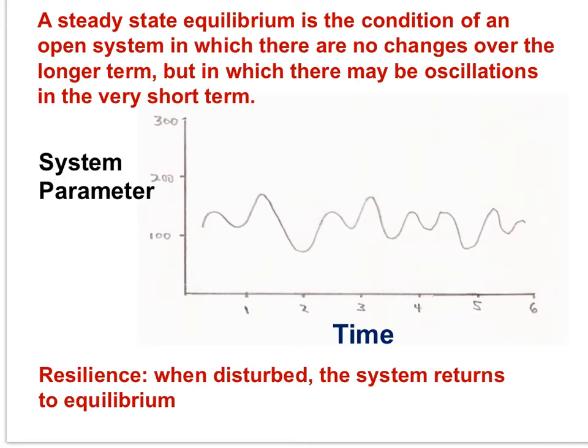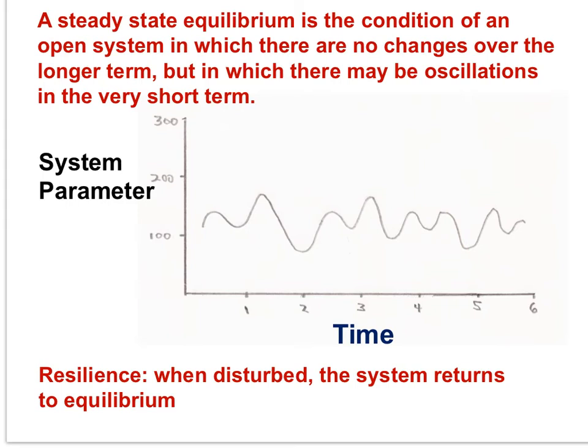So here is a system, let's say late in succession, that oscillates around a value around 120 over a long period of time, displaying steady-state equilibrium. You can see that periodically the oscillations are larger than others, indicating possible disturbance here and here and here. But the disturbances don't push the system far from equilibrium.